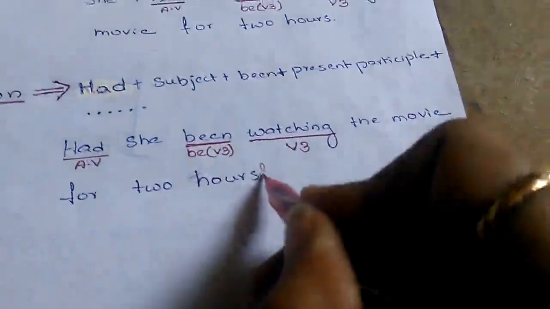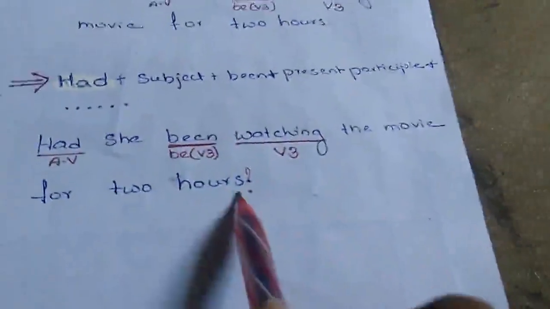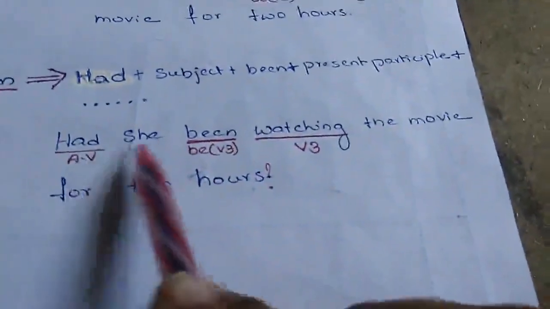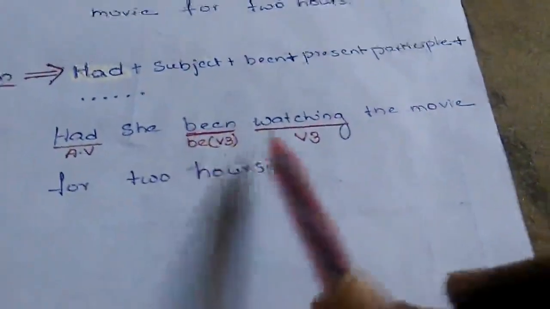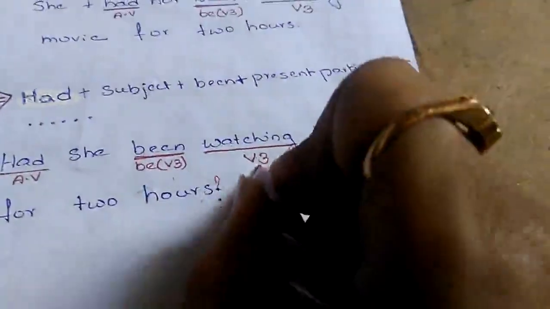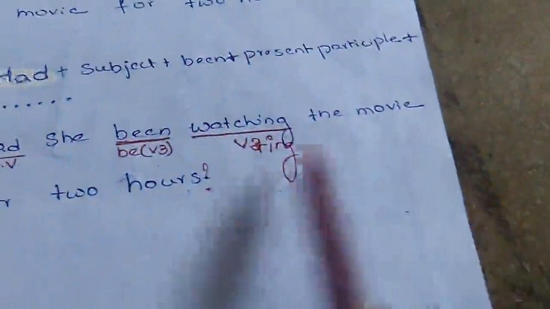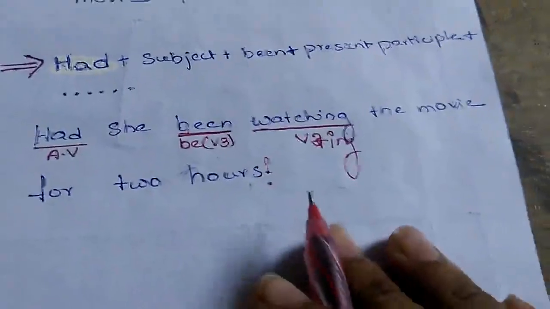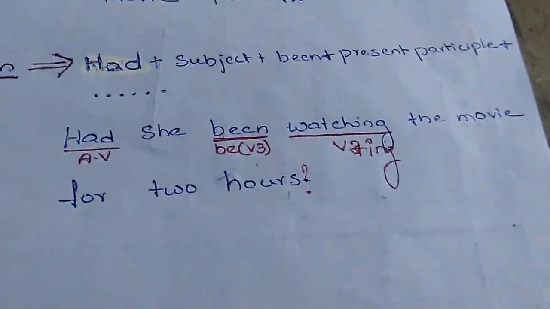Had is a helping verb, she is the subject, been is the V3 form, and watching is V plus ing form, present participle form. This is the best example for the question structure in past perfect continuous tense.